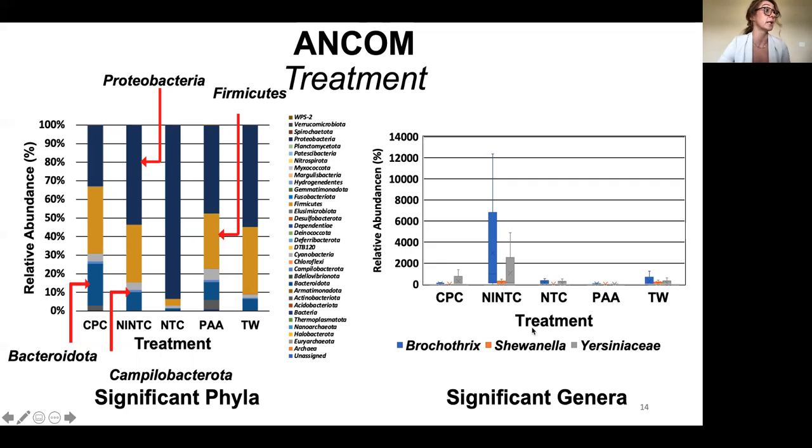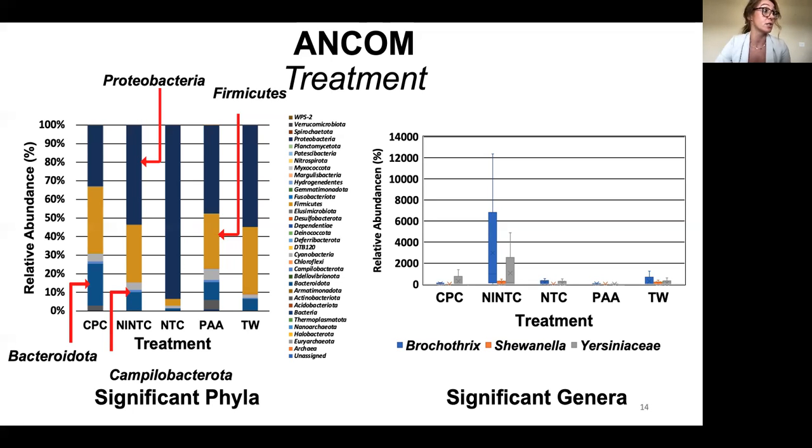And on the genera level, we saw Brochothrix species, a genus that's associated with the spoilage of meat stored at cold temperatures, as well as bad odor of meat.